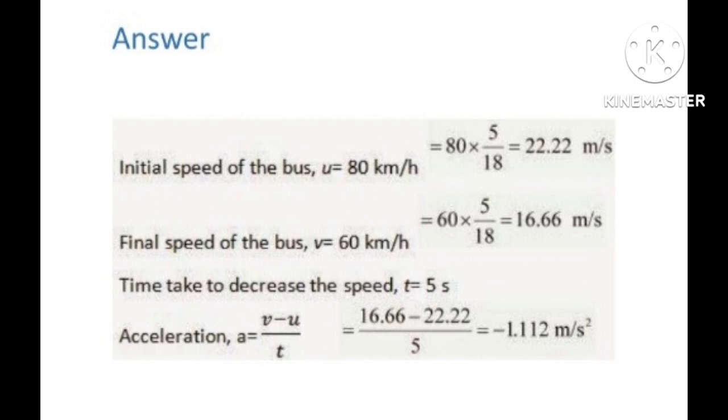So in some questions, the values will be given in kilometer per hour. In such cases, we can convert into meter per second by multiplying with 5 by 18. Just remember that so that it will be very easy to calculate.